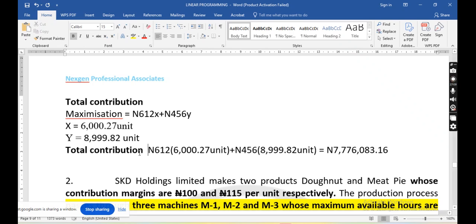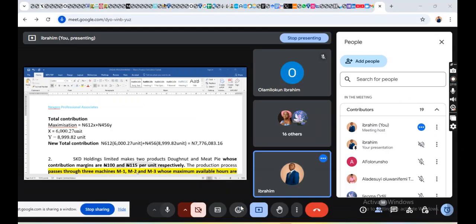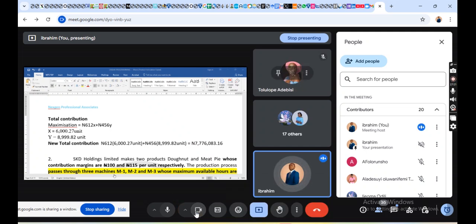Now, this is the new contribution. This is the new total contribution as a result of increase in one's scarce resources. As a result of increase in what? In a constraint of skilled labor. Now, don't forget, you just need to bring in the old contribution, whereby we did not increase anything by 1.